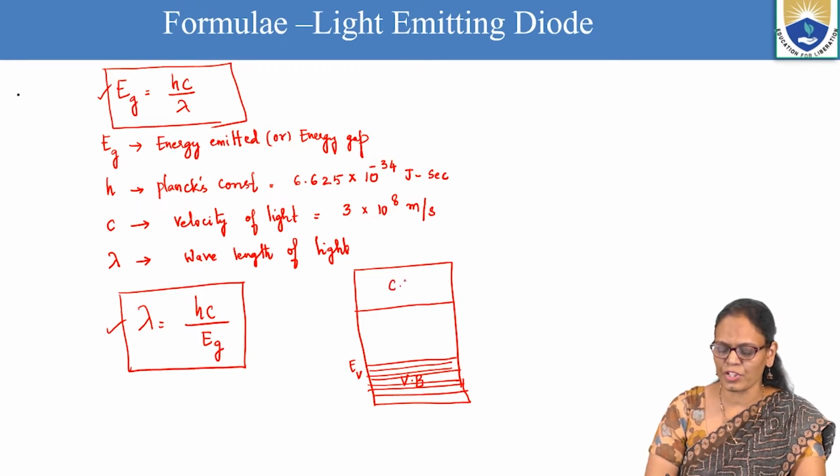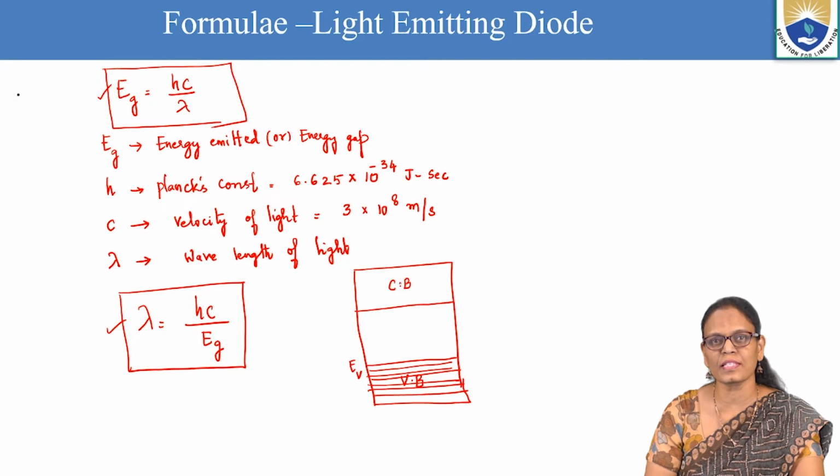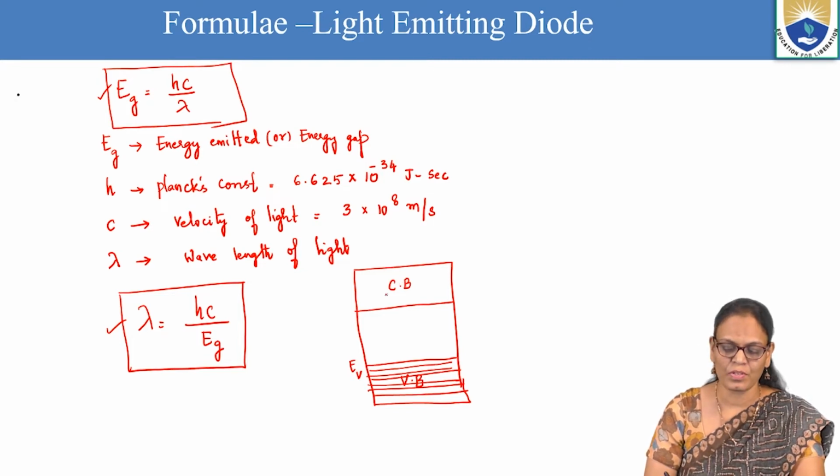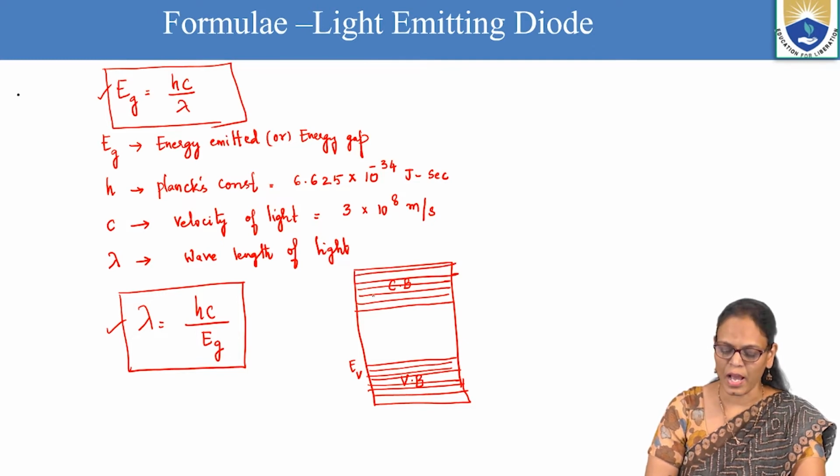And this is the conduction band. Conduction band is the range of energies possessed by all the free electrons. So free electrons are conduction electrons. So these are the range of energies possessed by conduction electrons, and the lowest level is represented by Ec.